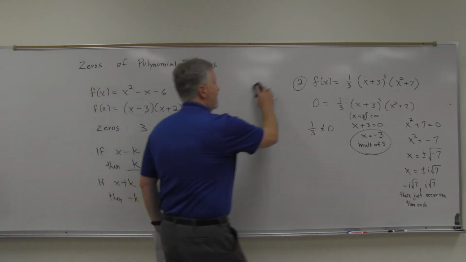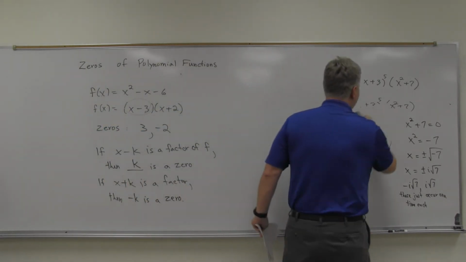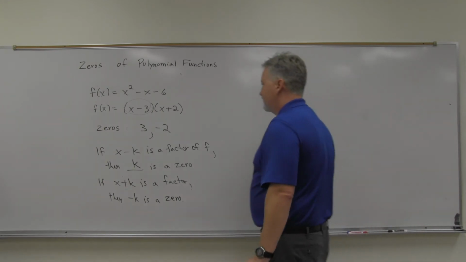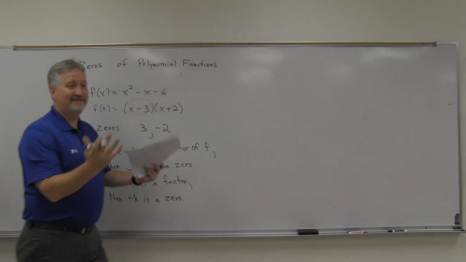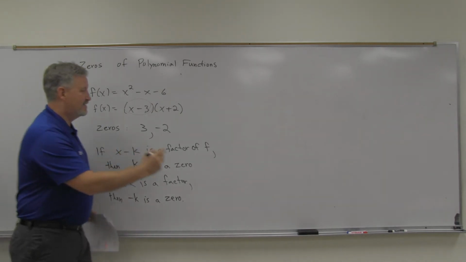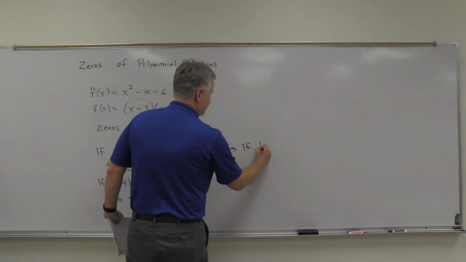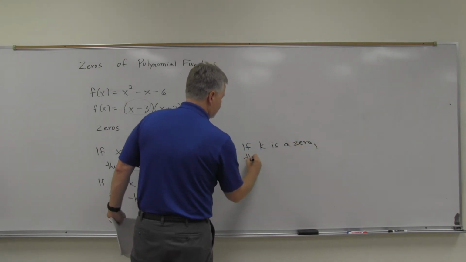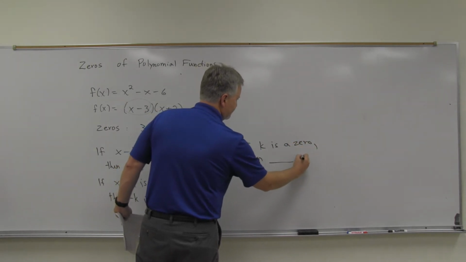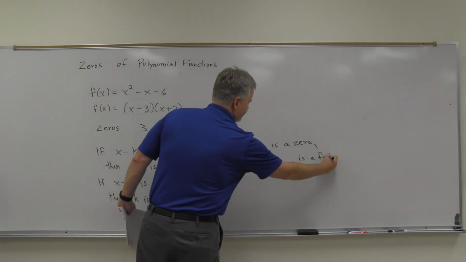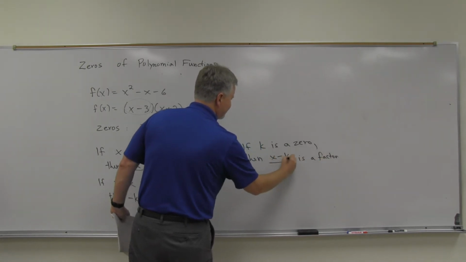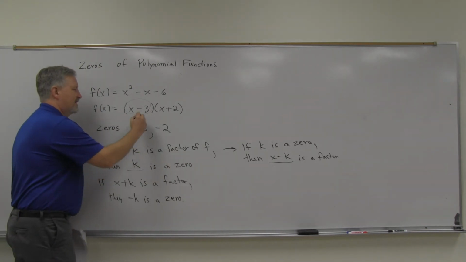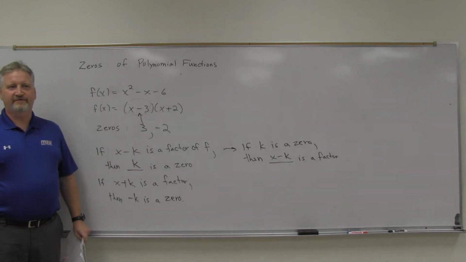All right. Here's what I'm really going for. It works the other way too, doesn't it? If k is a zero, then what's a factor? X minus k. Because if I have this as a zero, then I can automatically say that's a factor.